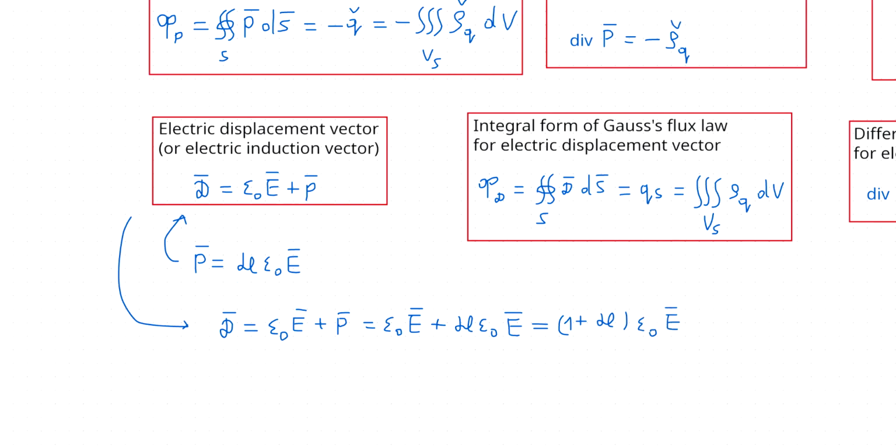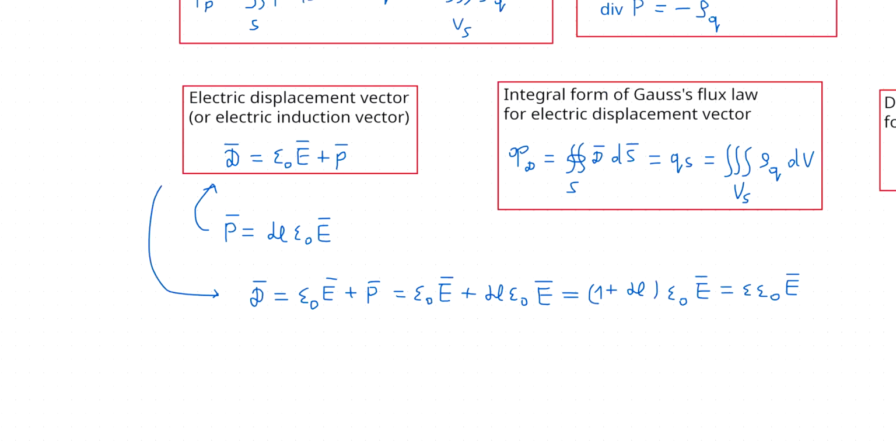And it can also be written as epsilon epsilon 0 E, where epsilon is relative permittivity. So we have a connection for isotropic dielectrics.